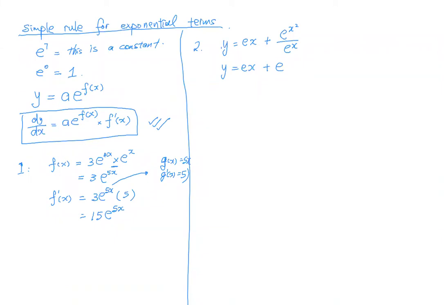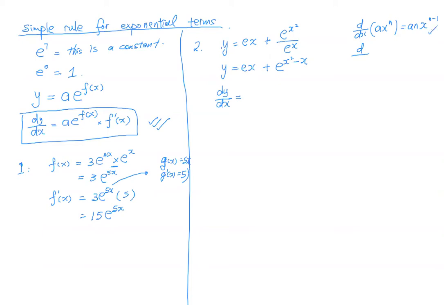x squared minus x. Okay, good. So when I differentiate, find the derivative for this one, which one will I use this formula on? The first one. Why? Only because e is a constant, correct? So you are applying this one.